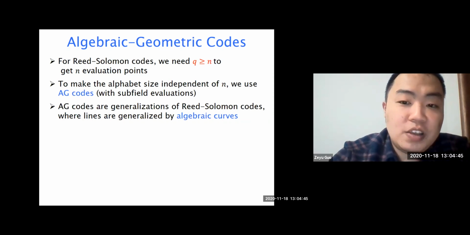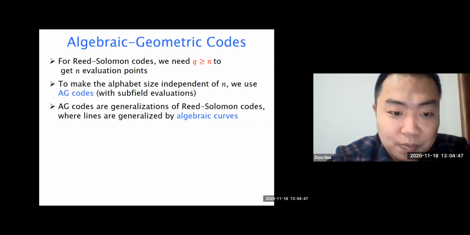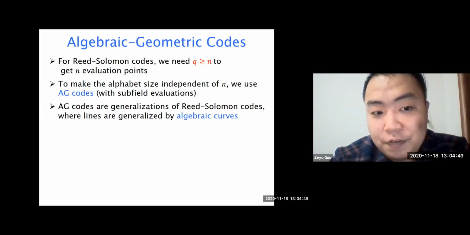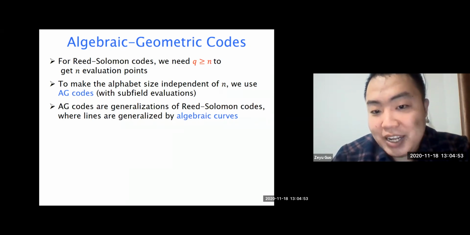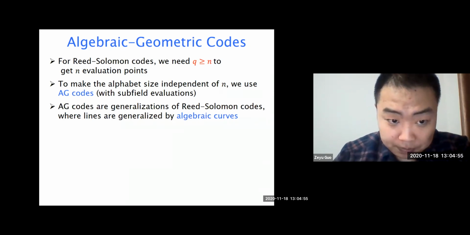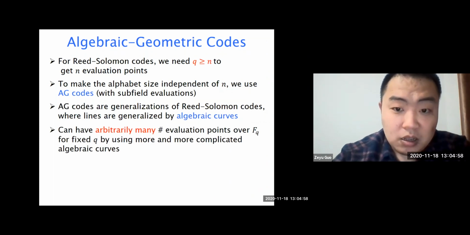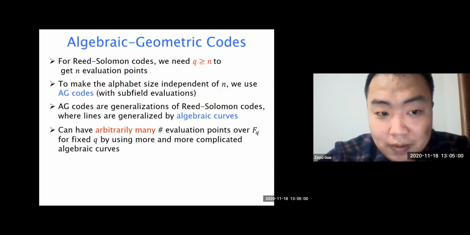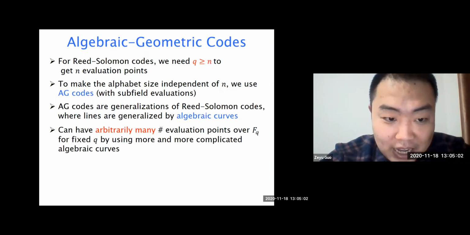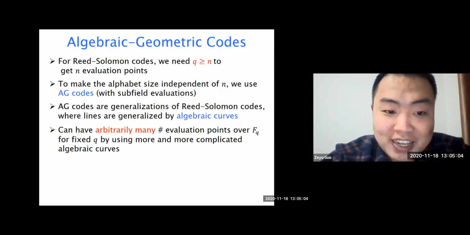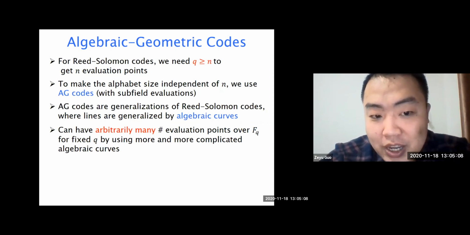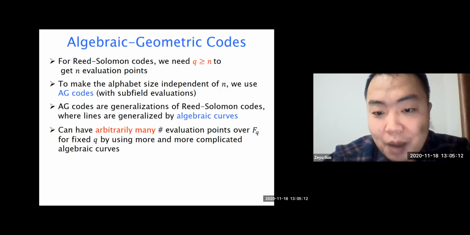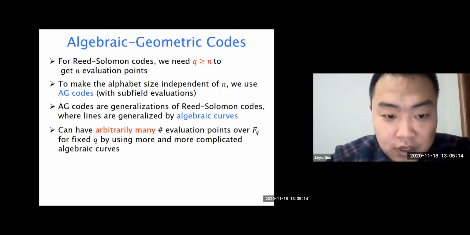And if you think about the evaluation points of Reed-Solomon codes as points on a line, you can think of AG codes as more general, where the lines are replaced by so-called algebraic curves. And a remarkable thing about AG codes, these algebraic curves, is that even if you fix a field Fq, you can still get arbitrarily many evaluation points, as long as you use a complicated enough algebraic curve.